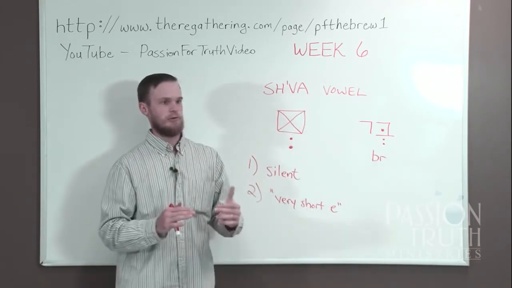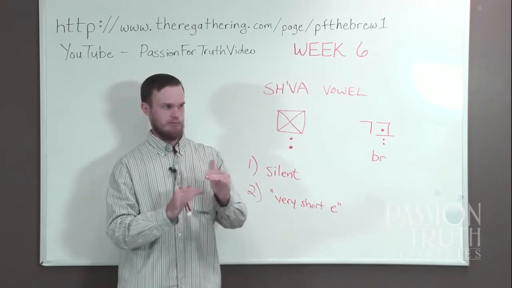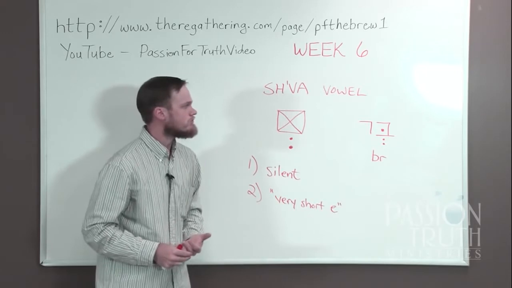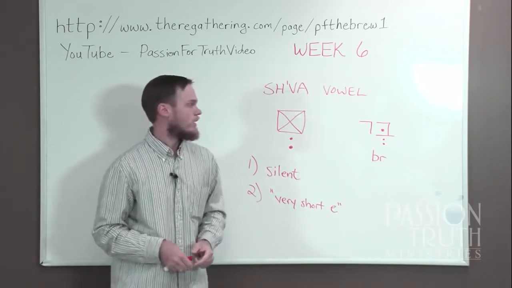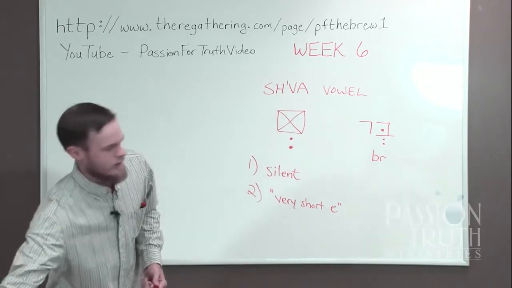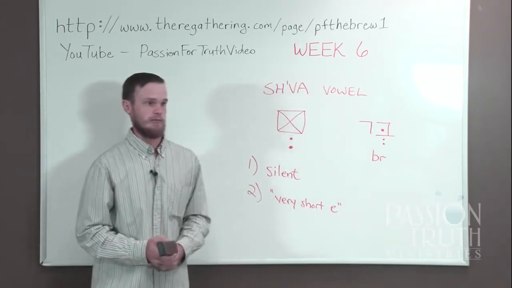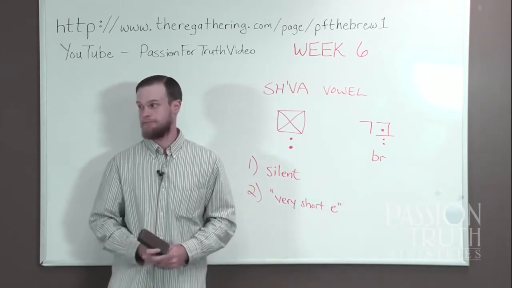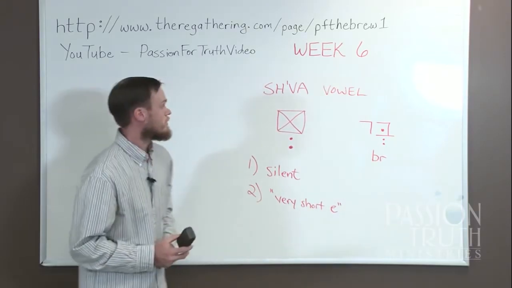It's sort of a placeholder letting you know, okay, this can change to something else in certain cases. So, like I say, there's a lot of technicalities that go along with the shva, but you can think of it as just making no sound at this point. Just connect the consonant that it's underneath to the consonant that comes right after. Okay?